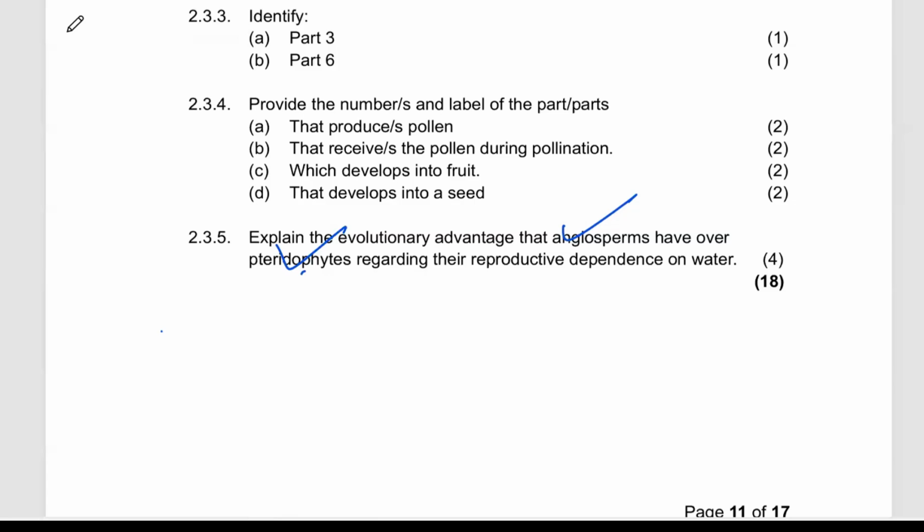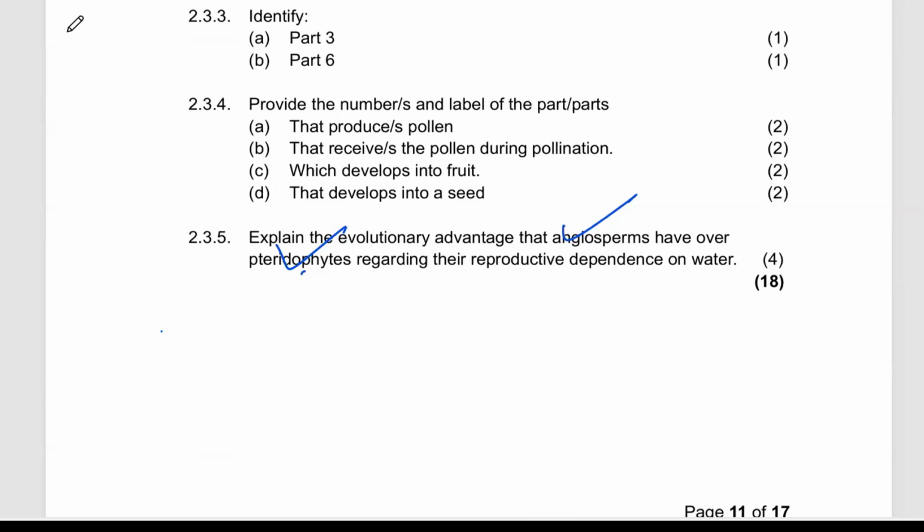Angiosperms have what is called a pollen tube, which allows the pollen grains to go through into the ovary. While the pteridophytes, it's not the case. The sperms have to swim through the water so that they're able to reach the female reproductive gamete.